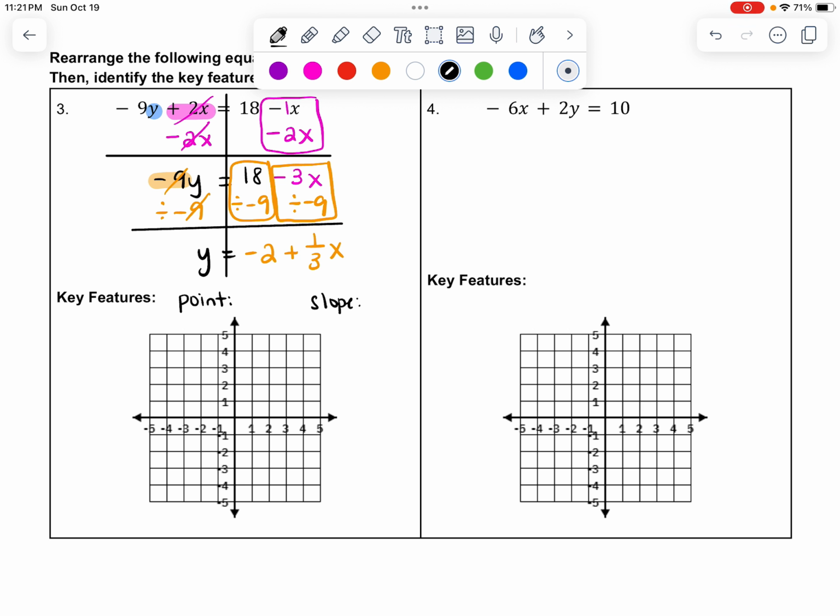Now my point here is going to be 0, comma, negative 2, because there's no parentheses. And my slope is going to be that positive 1/3. So I'm going to go to the 0, negative 2, and then I'm going to go rise 1, run 3. If I need to, I can reverse and go down 1 and then go left 3.